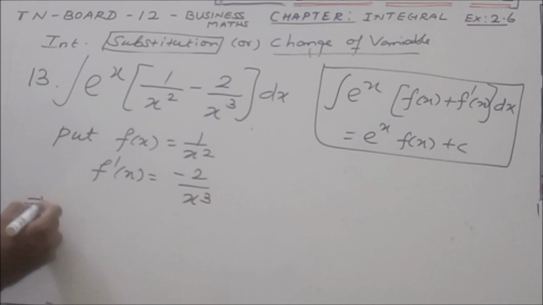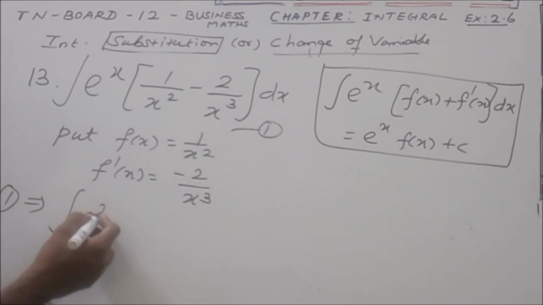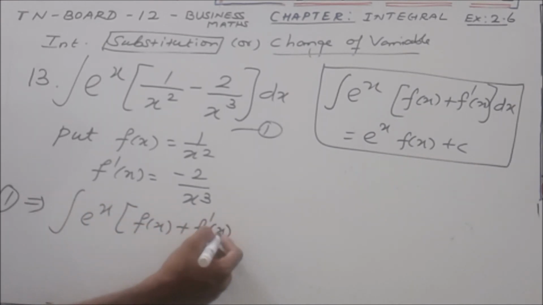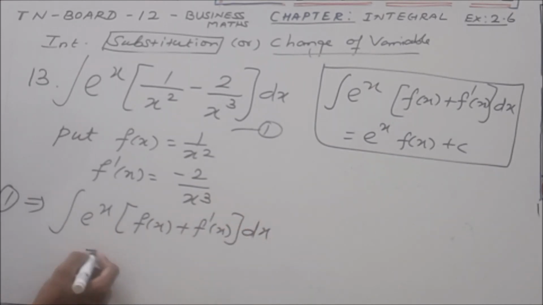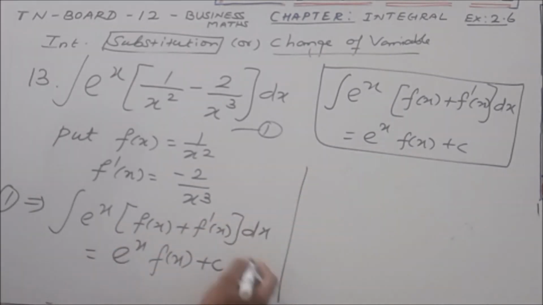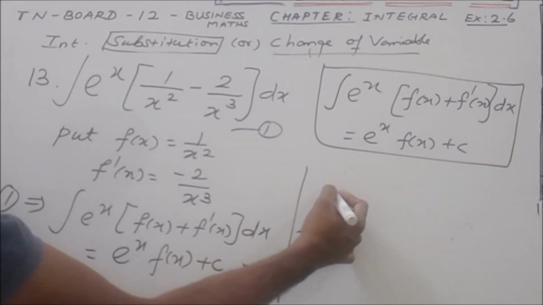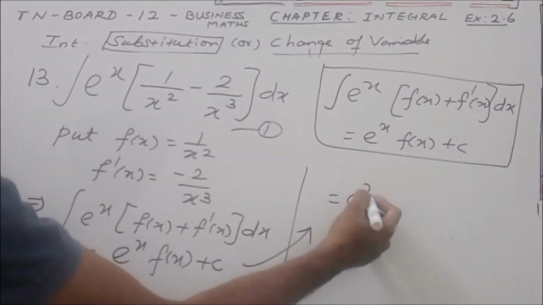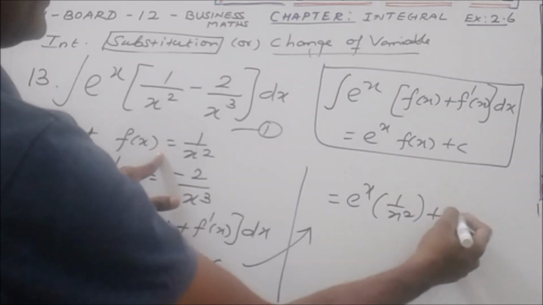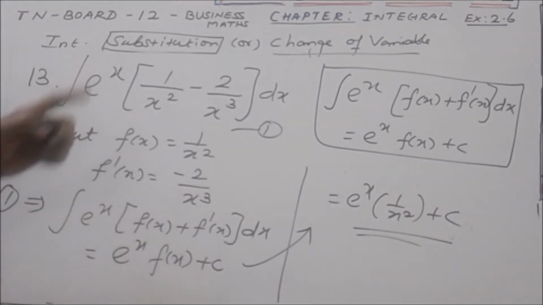Then integral e power x into f of x plus f dash of x dx is equal to e power x into f of x plus c, which is e power x into 1 by x square plus c. This is the final answer of integral e power x into (1 by x square minus 2 by x cube) dx.